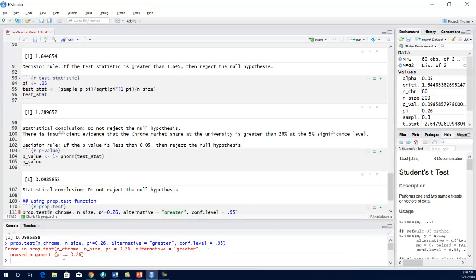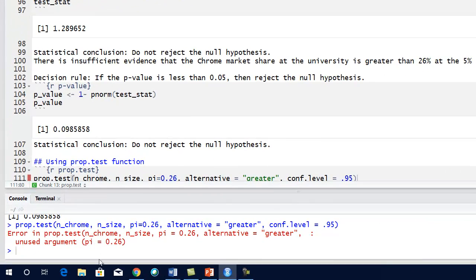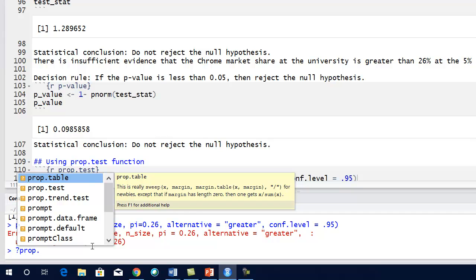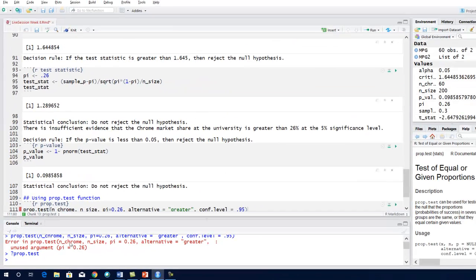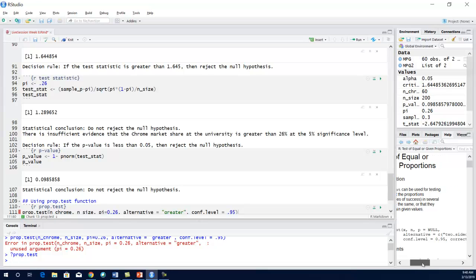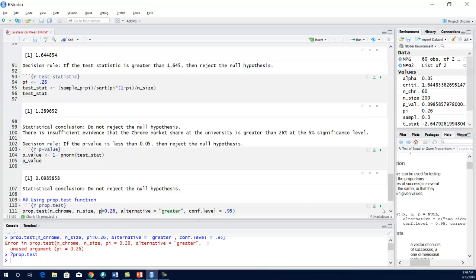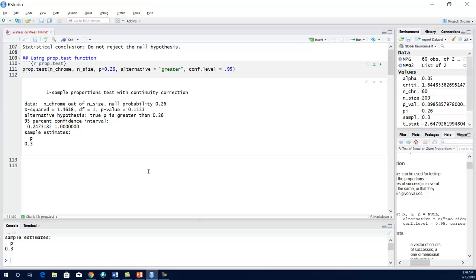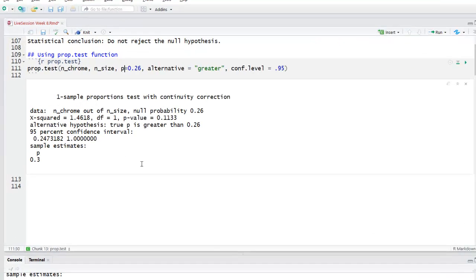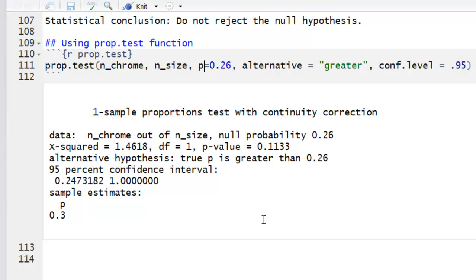So let's do that. It's not pi, it's p. Minor detail. Okay, here we have the result. This one is not exactly a z-test, it's using a slightly different calculation, but the results most of the time are going to be very consistent.